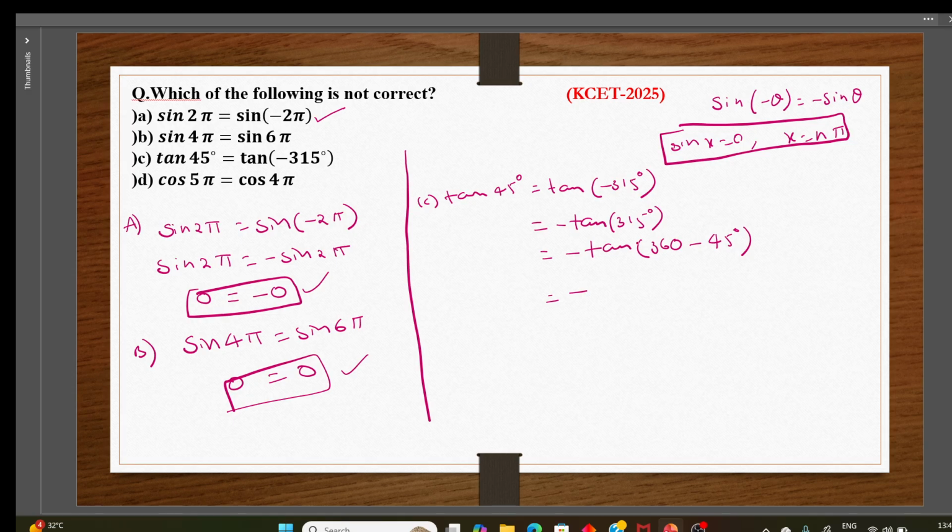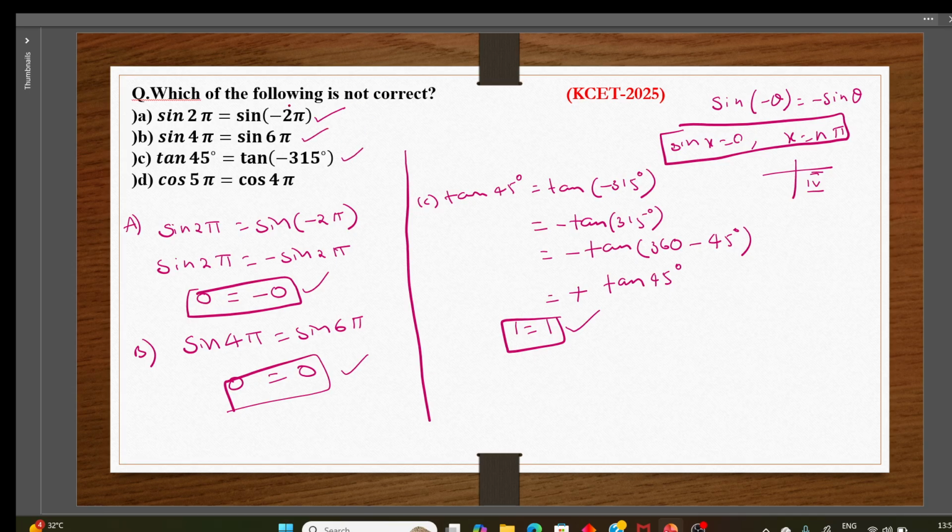Tan 360 minus 45, which quadrant is it in? 360 minus means it is in the fourth quadrant. In the fourth quadrant, tan function is negative. So minus into minus becomes plus and we get tan 45 degrees. So tan 45, tan 45, both values are 1. So this is also satisfied.